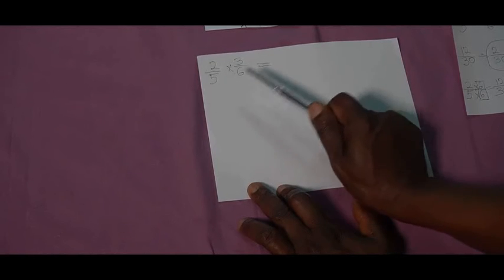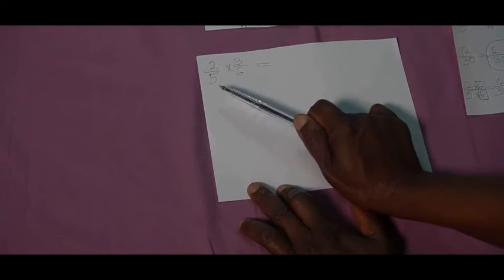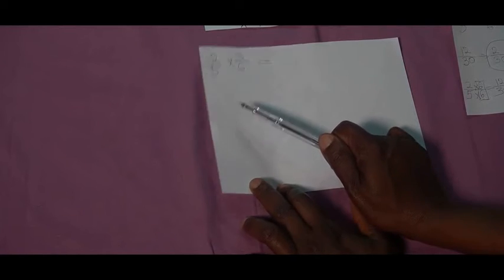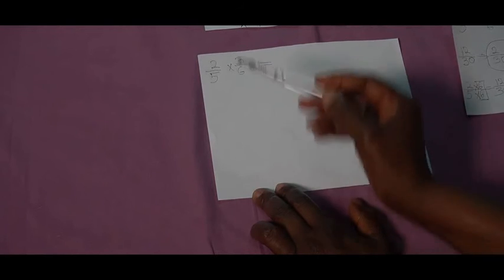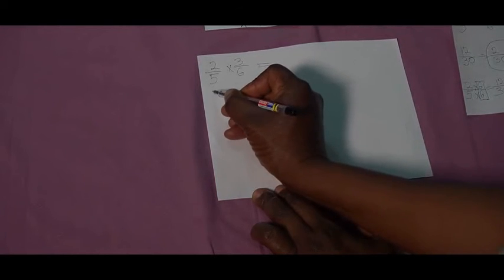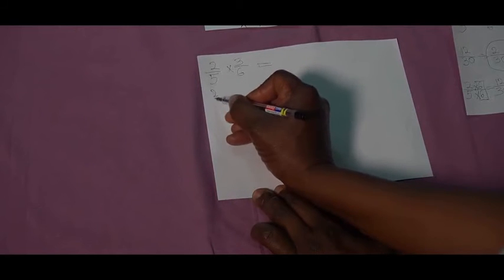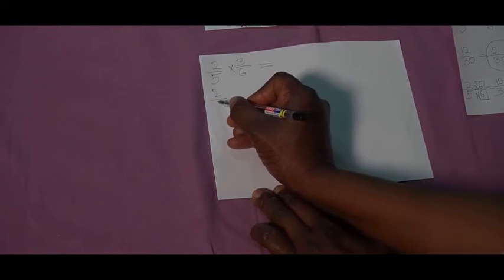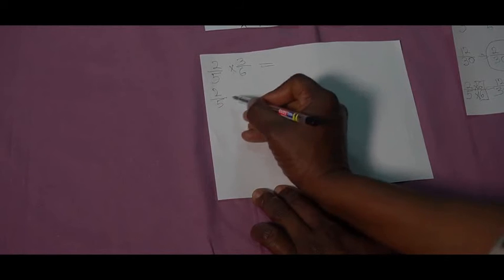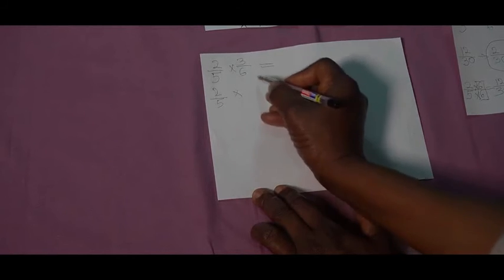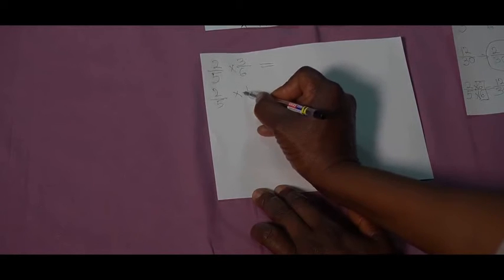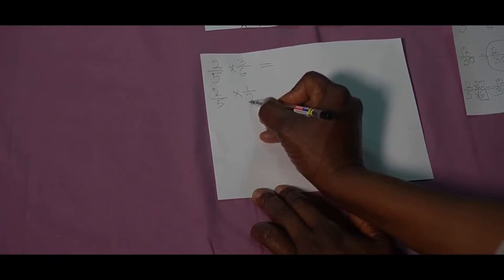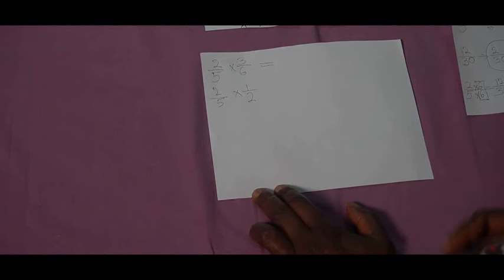We look at the fractions and see if there is any one we can reduce. We see right away that we can reduce this 3/6. And if we do that, we are going to have 2/5 multiplied by, this becomes a half. Remember your equivalent fractions, this becomes a half.